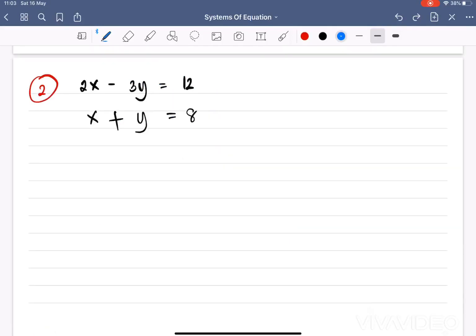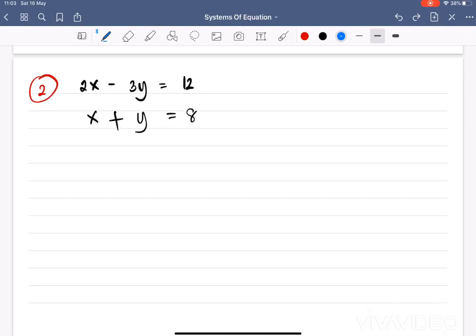For system of linear equations number 2, we have 2x minus 3y equals 12 and x plus y equals 8. Our target here is to eliminate one variable, and in order to do that, you have to multiply one equation so that one term of that equation has the opposite sign of the same term in the other equation.